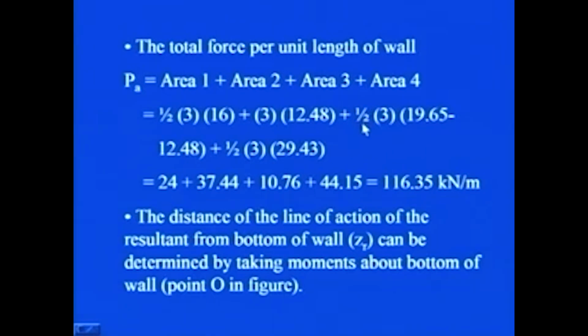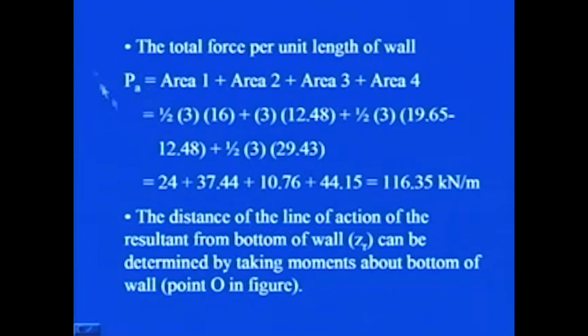For the third one it is half into 3, 19.65 minus 12.48, plus this is the area due to pore water pressure, that is half 3 into 29.43. This all if you add up it will result into 116.35 kilonewton per meter.